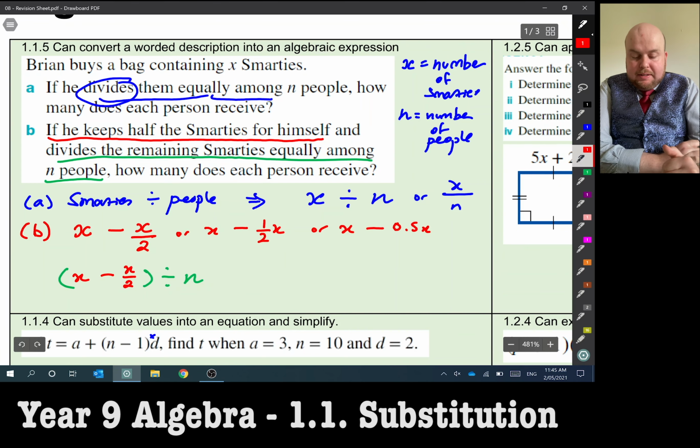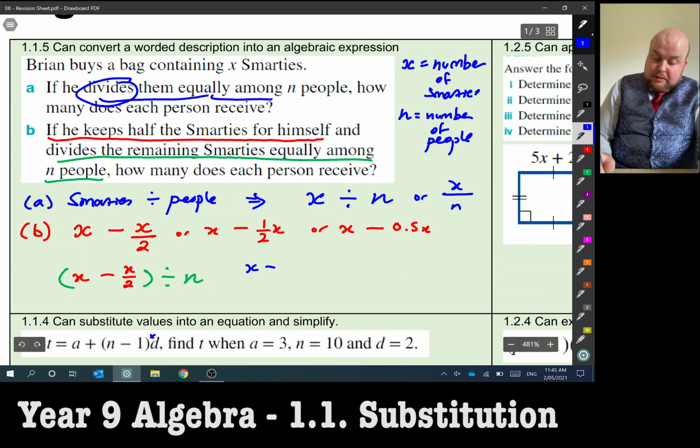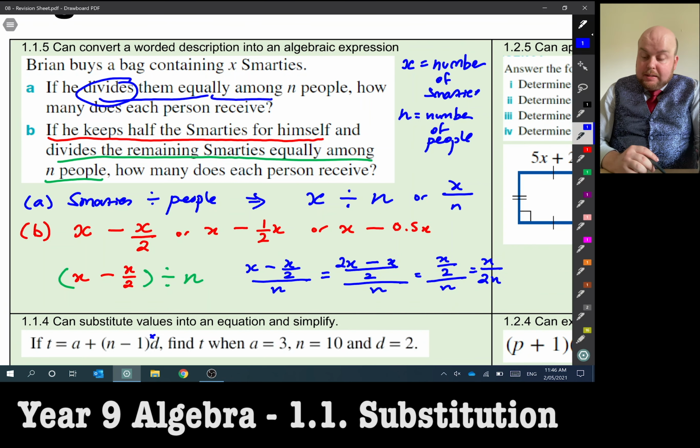So he takes these Smarties, that he's taken away half of them, and he's going to divide them by an N number of people. You could write it like this. All I've done there is just done some division by fractions.